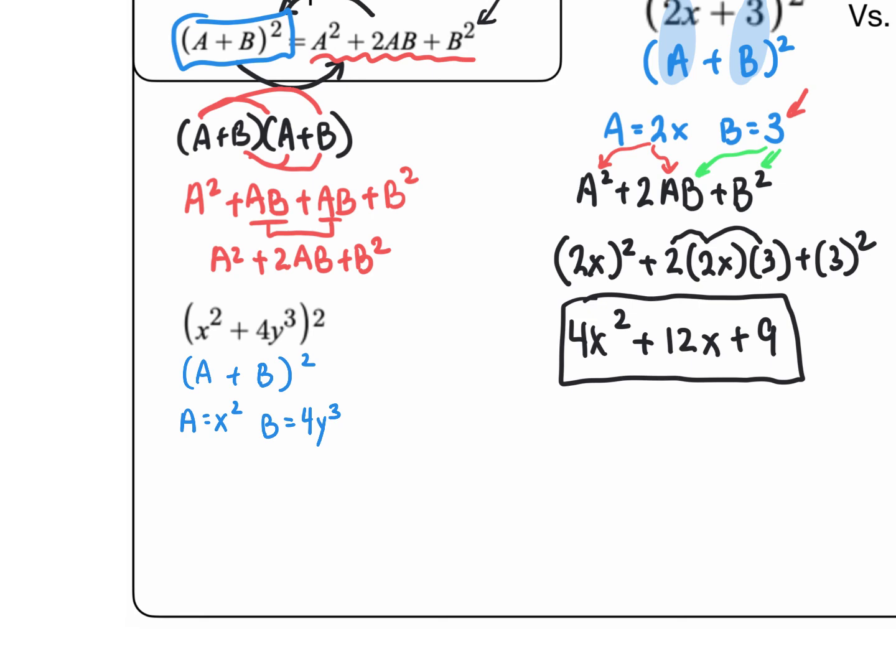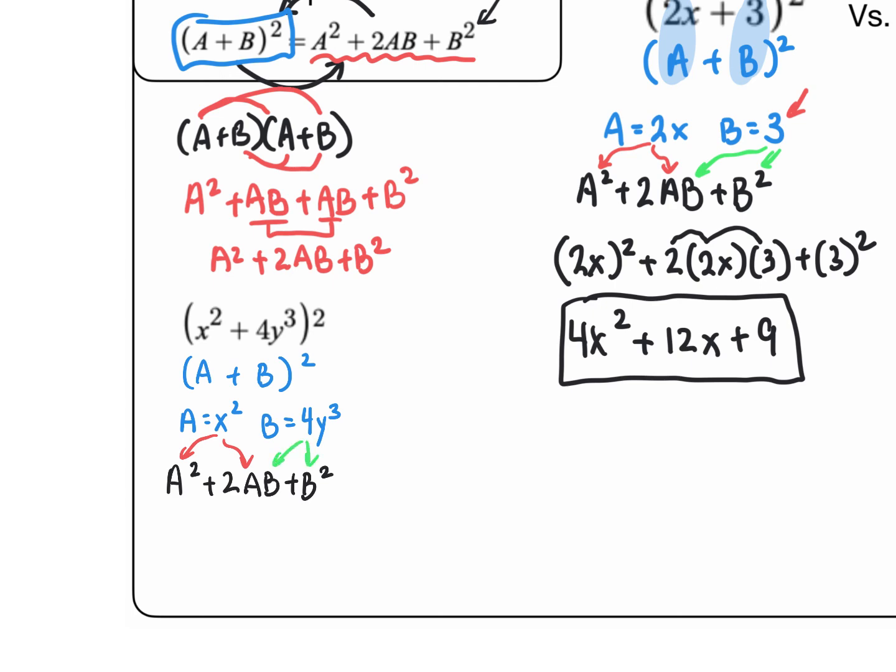Okay, so that basically is going to be dropped into the same pattern, where every a turns into an x squared, and every b turns into a 4y cubed.